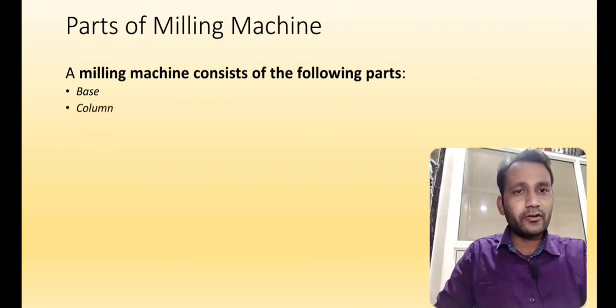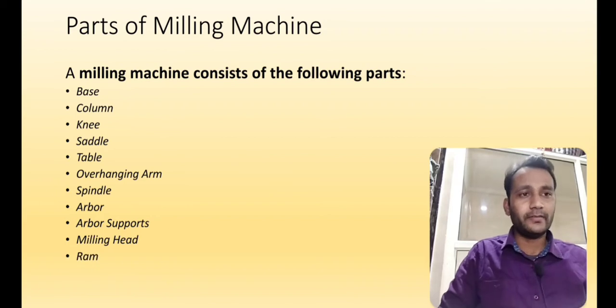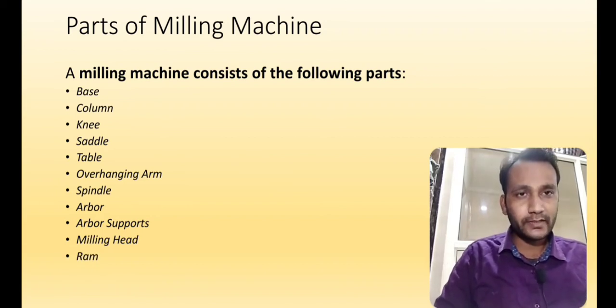Base is there, second column, third knee, saddle, table, overhanging arm, spindle, arbor, arbor support, milling head, and ram. So these are the list of components which are part of any milling machine.